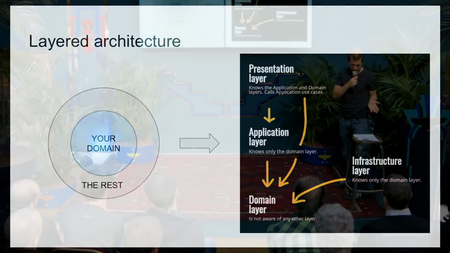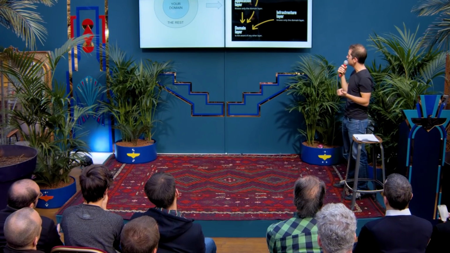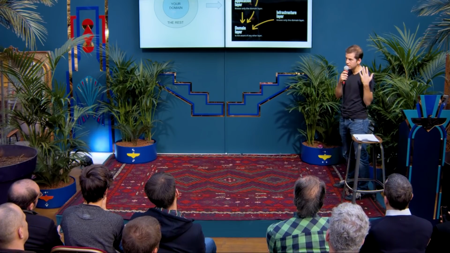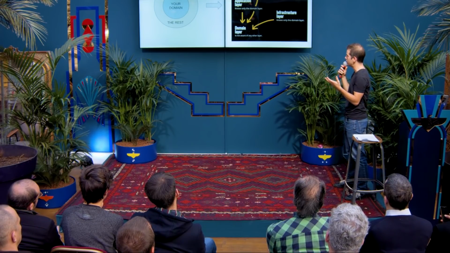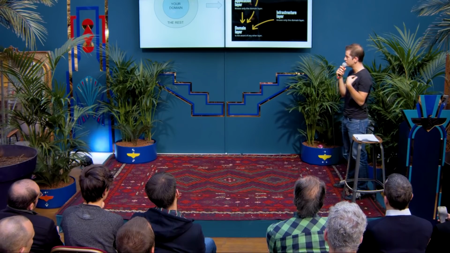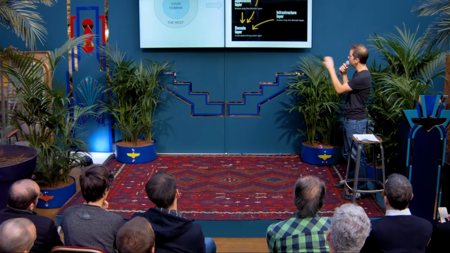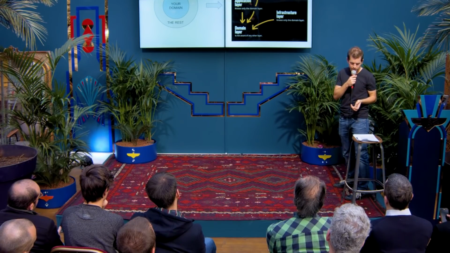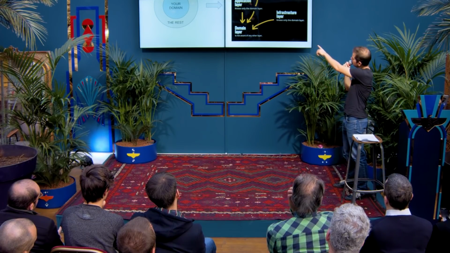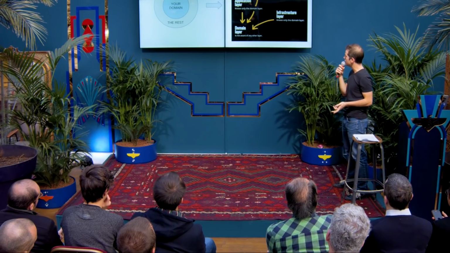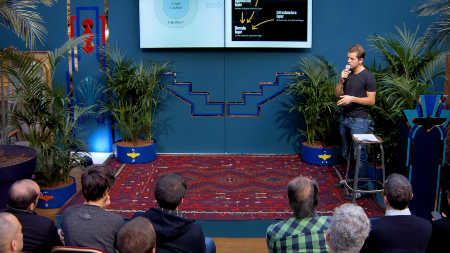Every other layer depends on it, and it's the heart of your software. It's where your business rules, business objects, domain concepts, everything lives inside your domain layer, and it depends on nothing else.